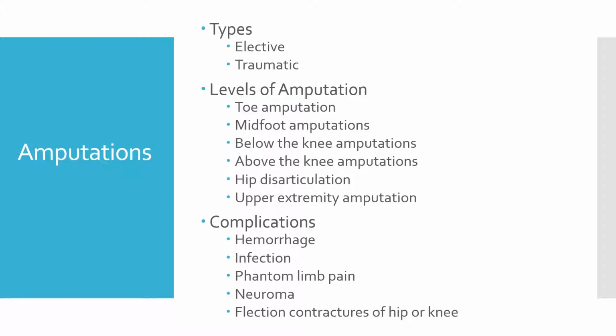And usually that's due to like cancer. Let's see. The higher the amputation, the more energy needed for mobility. The upper extremity amputation is more incapacitating than one of the leg.